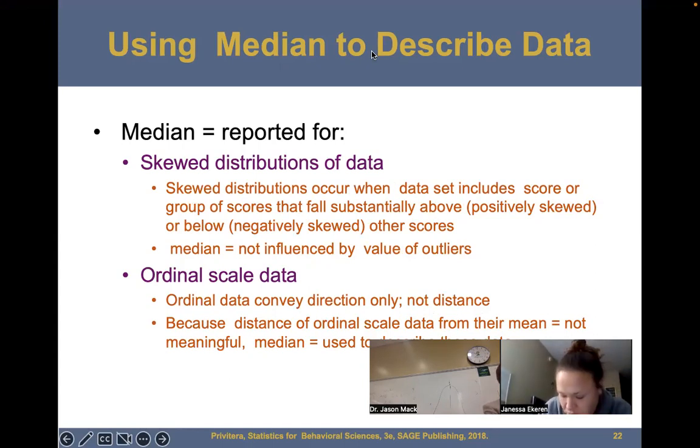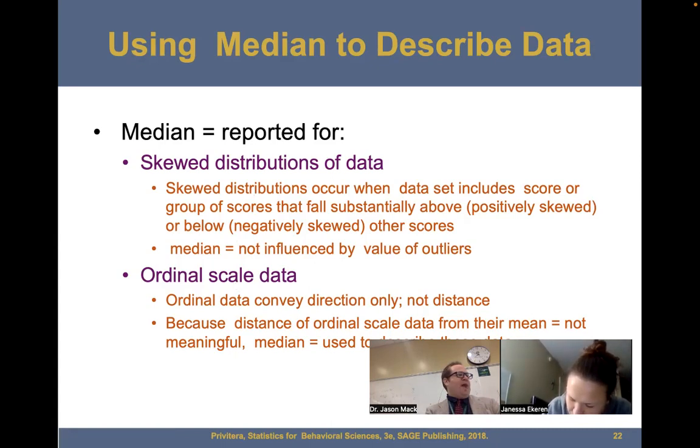We also use it with ordinal scale data, to convey direction only, not distance. Because the distance from the mean is not meaningful in the ordinal scale, the median is used to describe these data. Like a ranking, we're using the median.